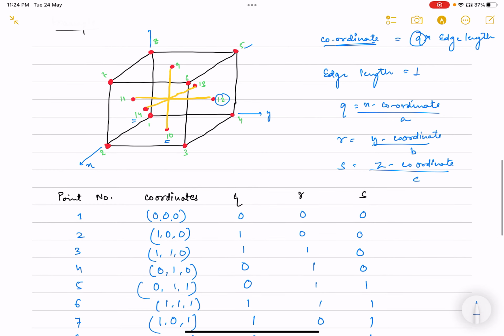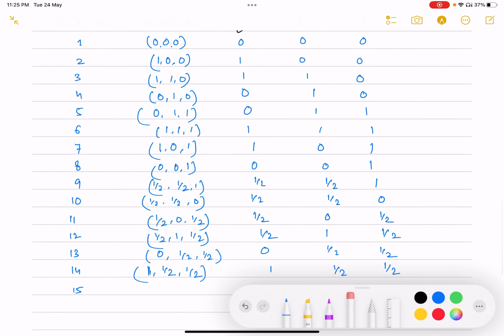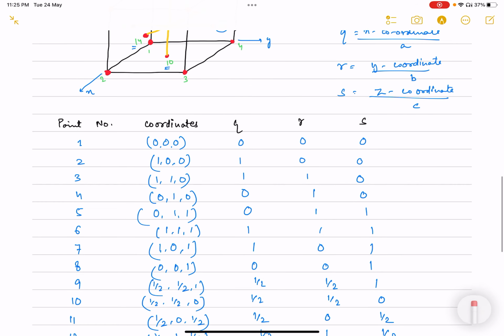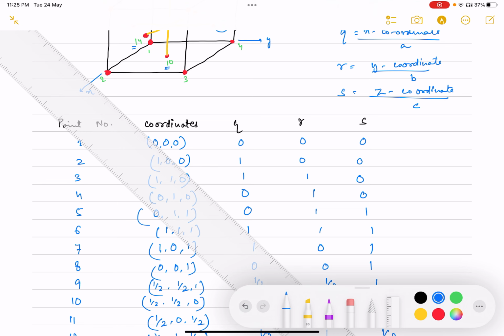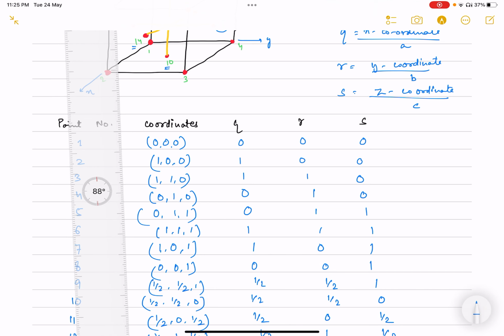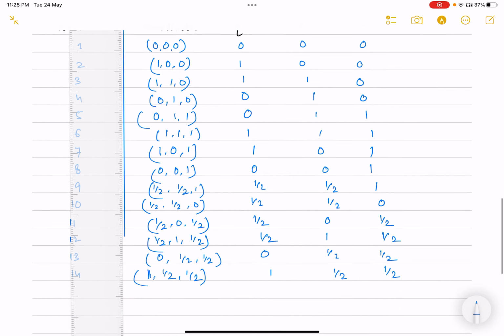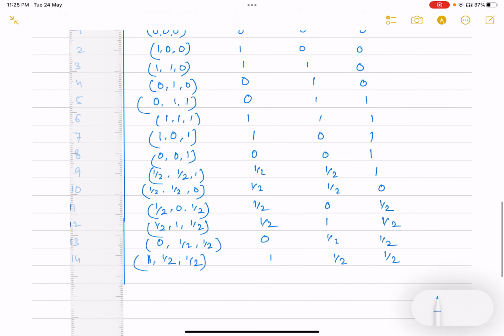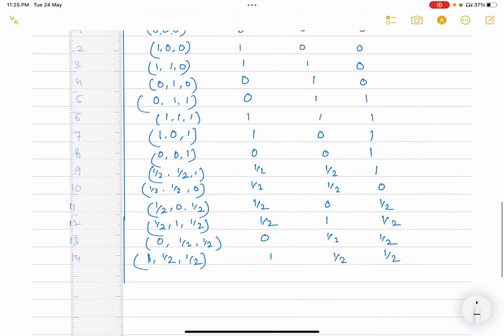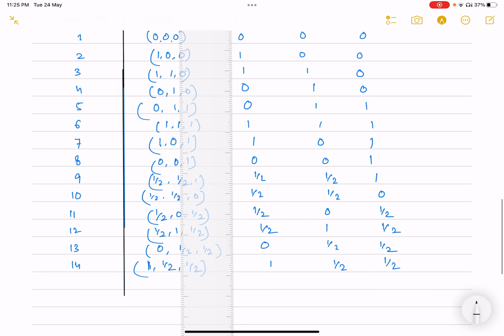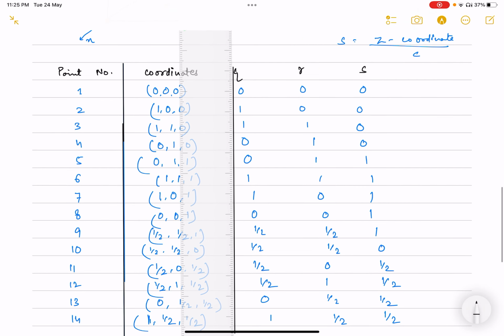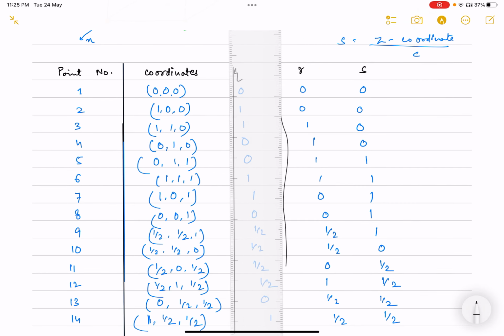So we have a total of 14 points. These are the q, r, and s values for an FCC system.